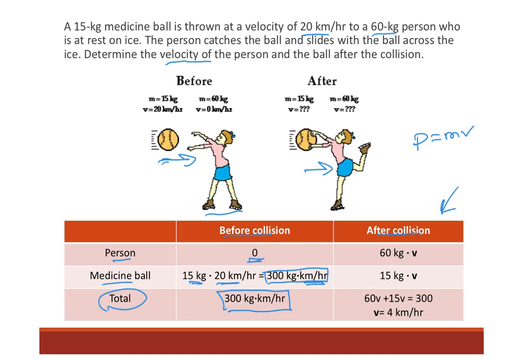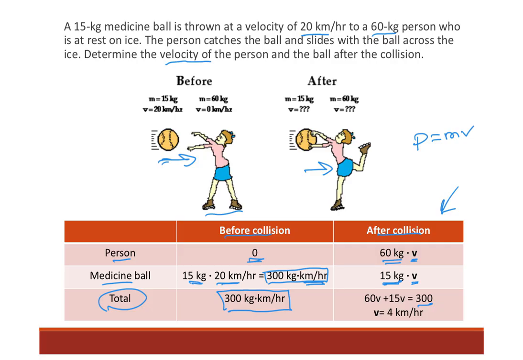After the collision, the person is going to have their same mass of 60 kilograms times an unknown velocity to give their momentum, and the ball is going to have its mass of 15 kilograms times an unknown velocity. But together they're going to equal that 300 kilograms times kilometers per hour.